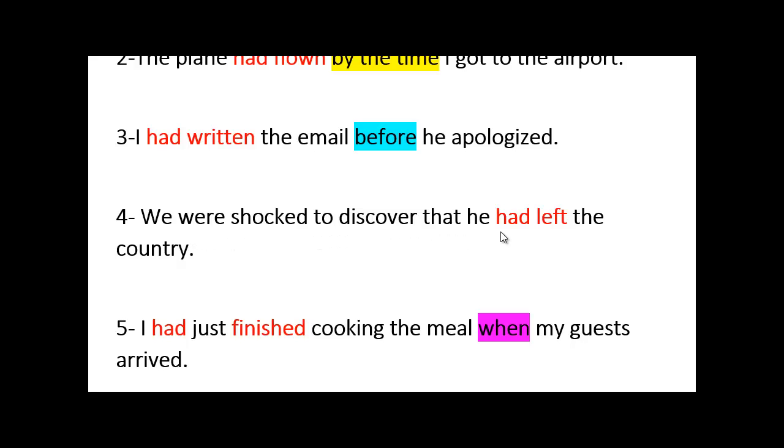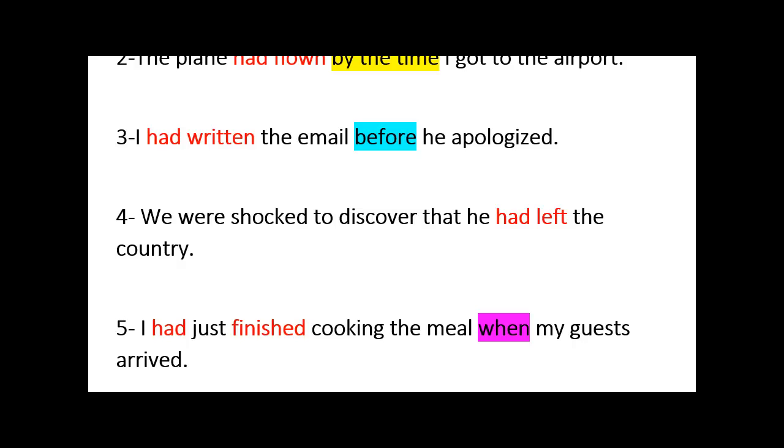Number 4 here, we were shocked to discover that he had left the country. That's a cause and effect, okay? The guy left, and because he had left first, they were shocked. So the leaving happened first, and then the shock for them, they were shocked. That happened after. The cause and effect.